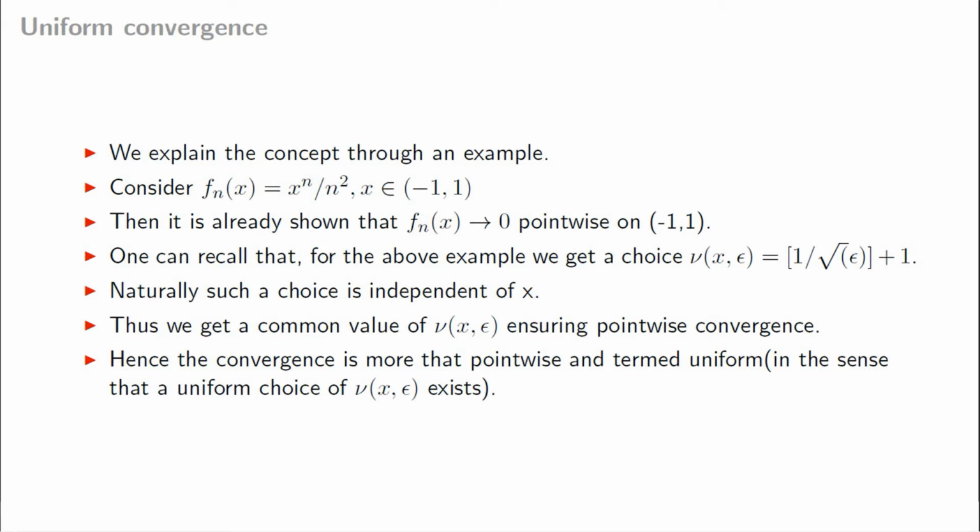Naturally, such a choice is independent of x, thus we get a common value of nu x epsilon, ensuring pointwise convergence, or in other words, we get a range of values of n which is independent of x.